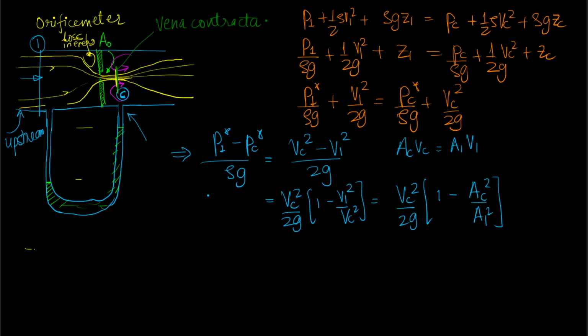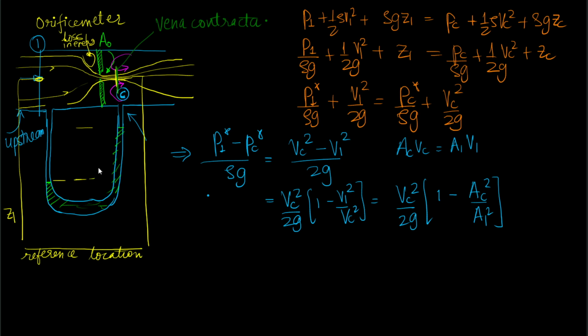For that purpose, let us take this as the reference location and let this height be Z1, let this height be at the same height Z1, and let this height be delta H. That is the difference in the level of the manometric fluid between the two limbs.